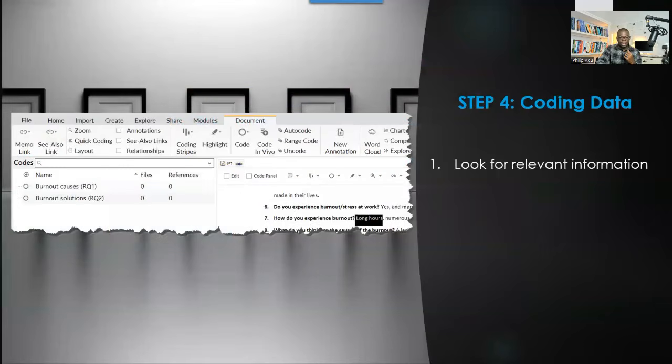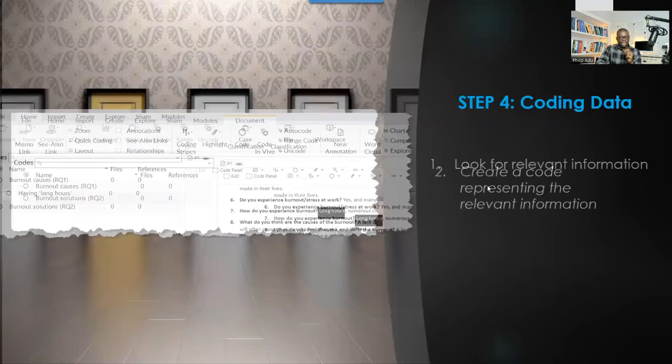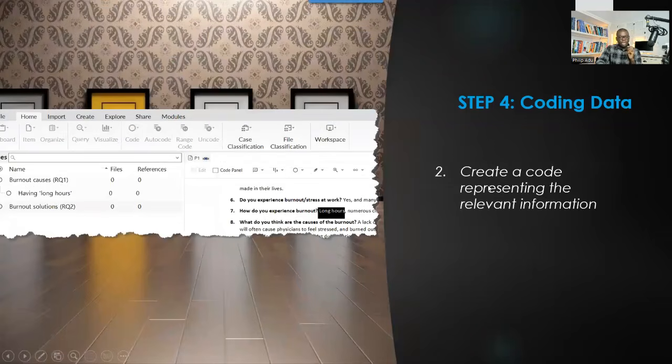As we see here, you go through your data. So now we are still in NVivo, and this is one transcript. I've identified something that is significant, long hours, that can address the first research question. So I've identified relevant information. The next step is to create a code representing this relevant information, at the same time helping me to address my research question.